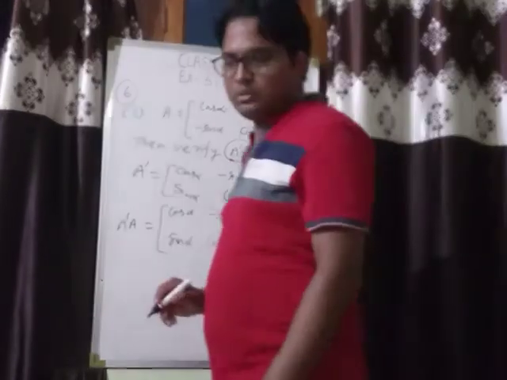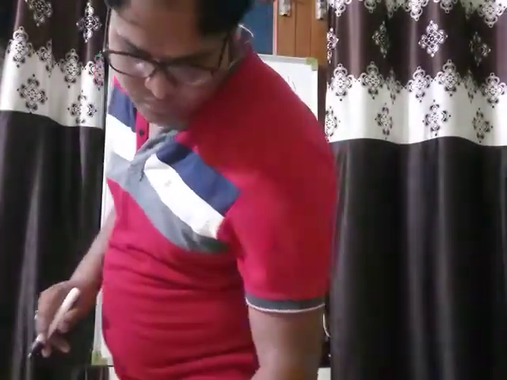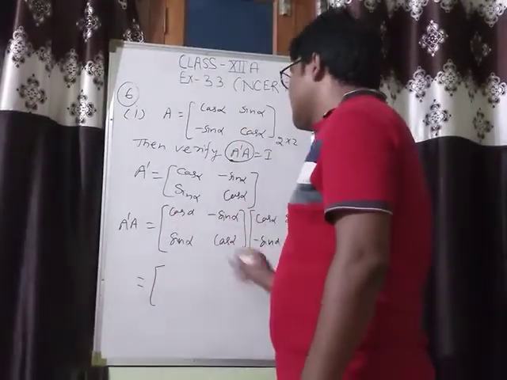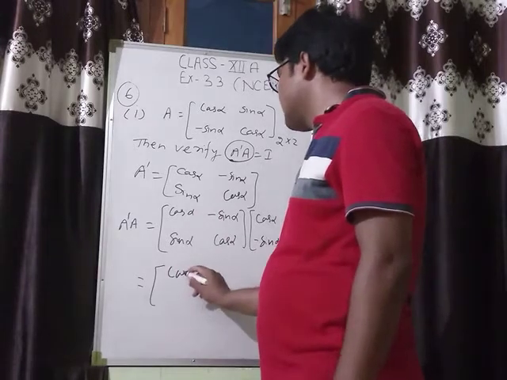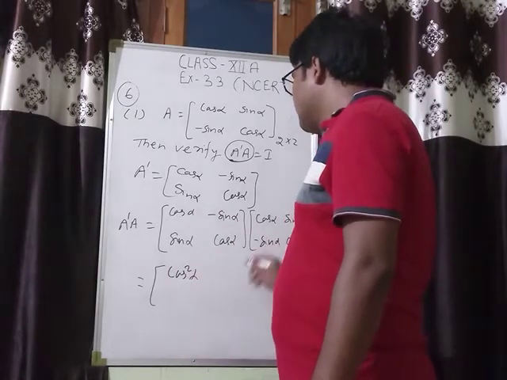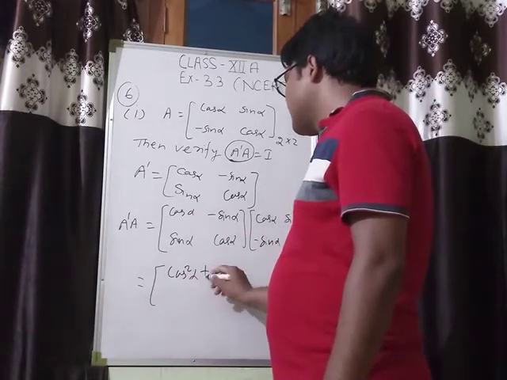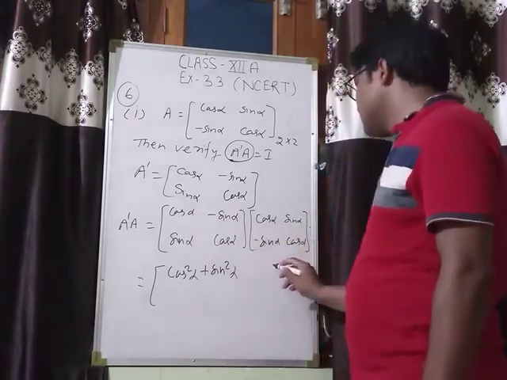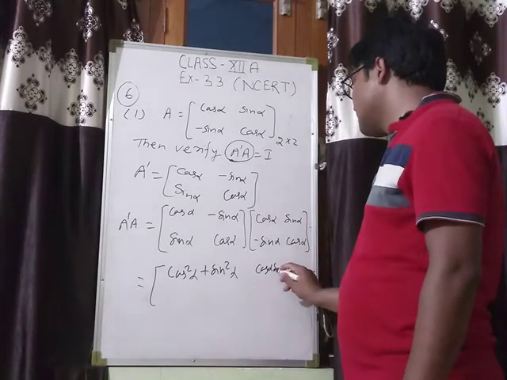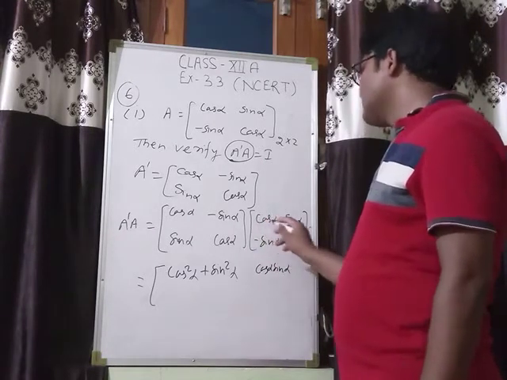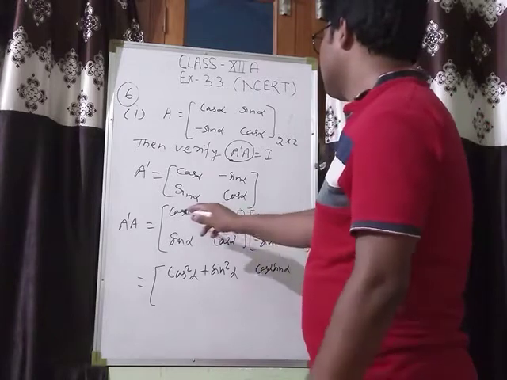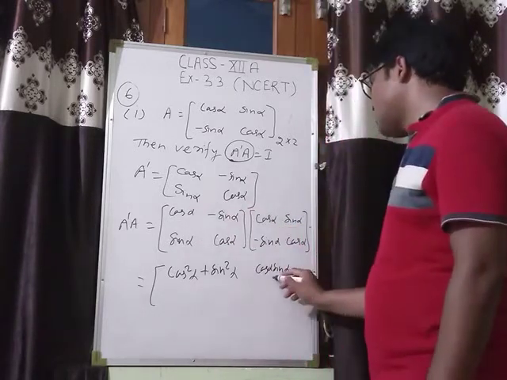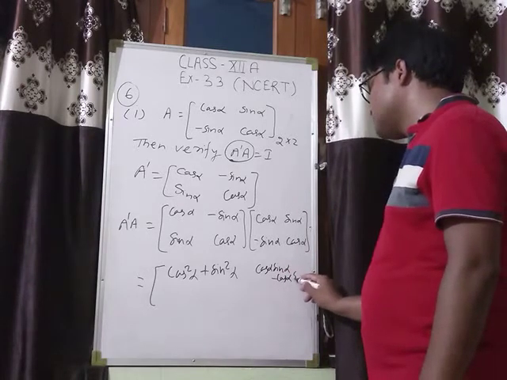Okay, so that is equal to first row first column, cos into cos, cos square alpha, minus sin into minus sin, plus sin square alpha. Okay, and this is cos into sin, cos alpha sin alpha, and this is minus sin into cos, that is minus sin alpha cos alpha.